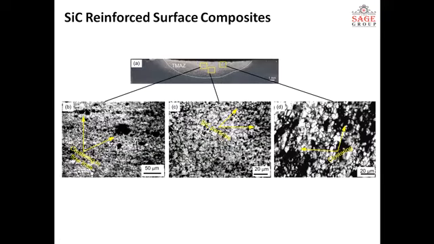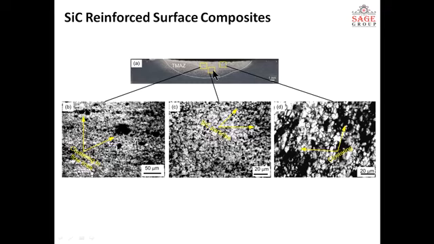And these are the micrographs of some surface composites which we manufactured. This is the process zone, and in this zone we have captured some images of the areas which are not well processed, to see the defects and the causes of the defects. So we can see that there is deformation, and there is some cluster formation of silicon carbide.